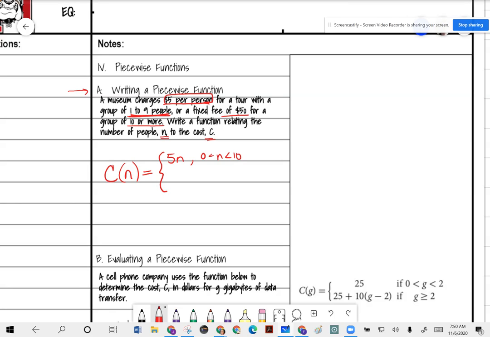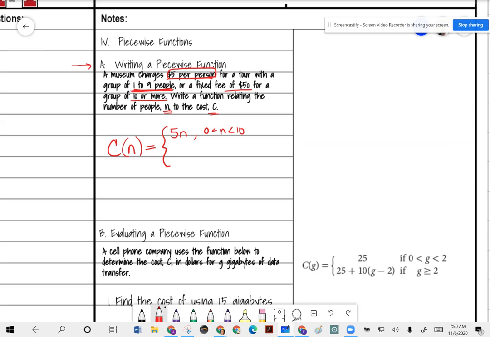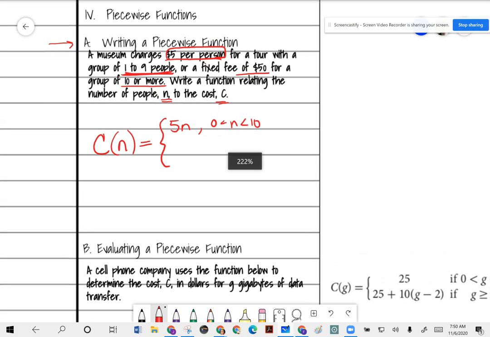Or somebody could argue that the domain should be 1 is less than or equal to n is less than or equal to 9. So in this case, I'm going to go with the first one. But if you have a case for that one, then I would definitely take it. As long as your domain makes sense, then I can't argue with that.